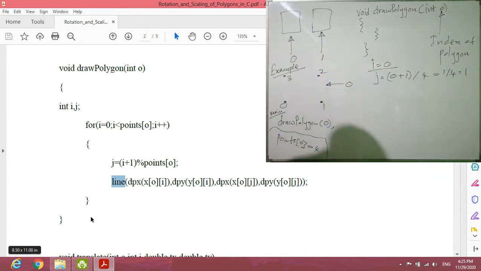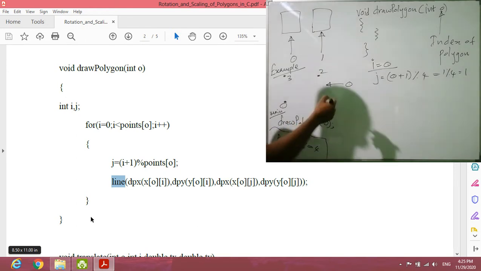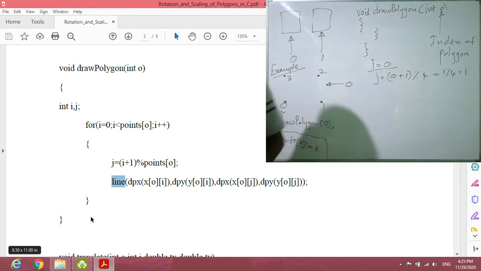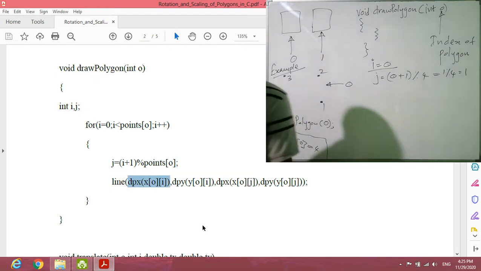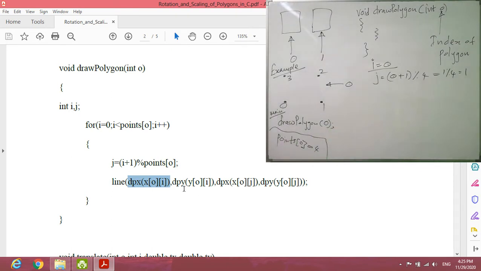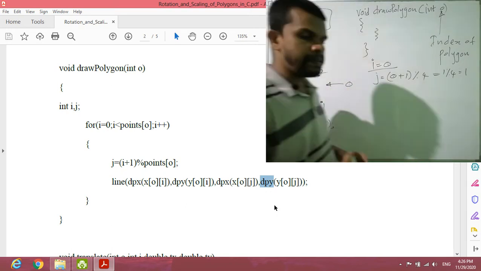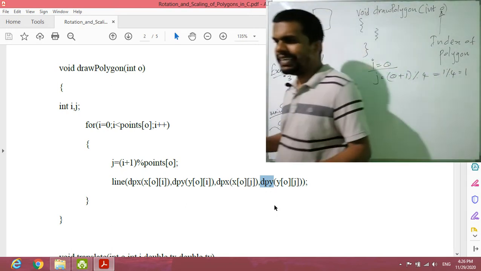Before we pass coordinates, we always pass them to the dpx function and dpy function and use the return values. The purpose is clear.